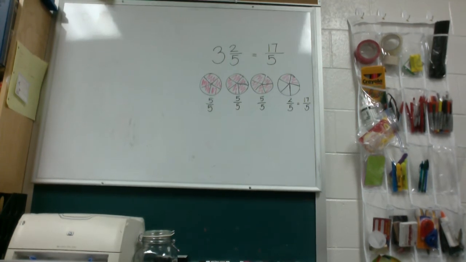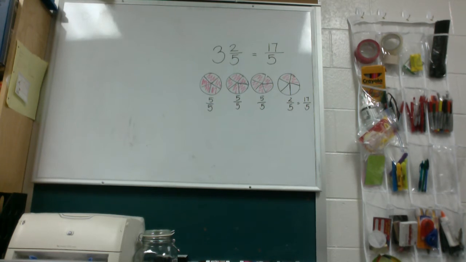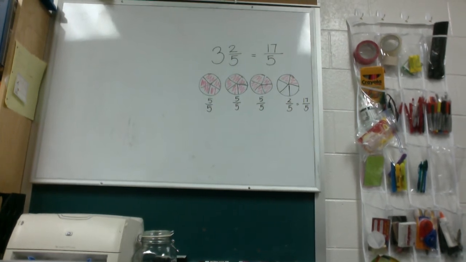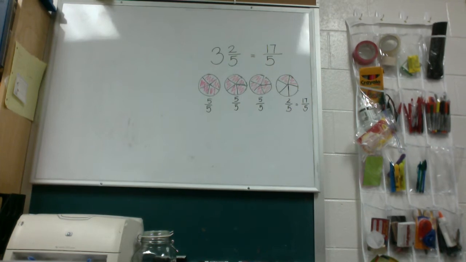If you've heard take the denominator and multiply it by the whole number and then add the numerator, well, that's true. 5 times 3 is 15 plus 2 more. But where do those numbers come from? Well, there's a picture up there also. Because our denominator is fifths, each of our wholes is divided into 5 equal parts.